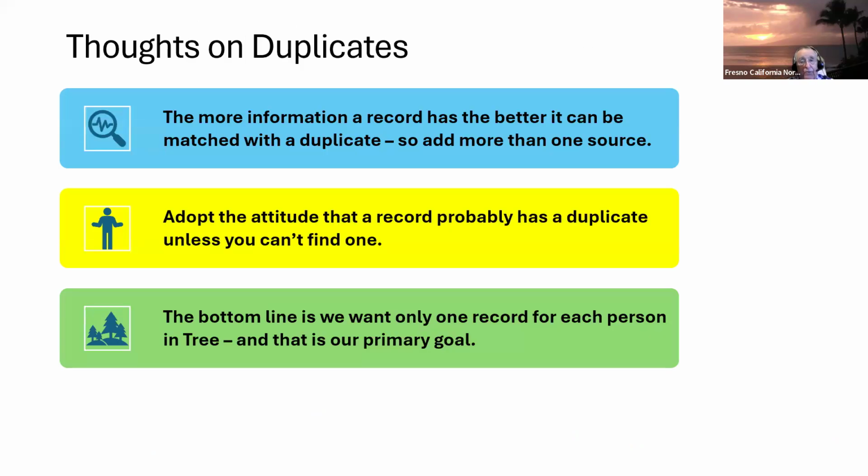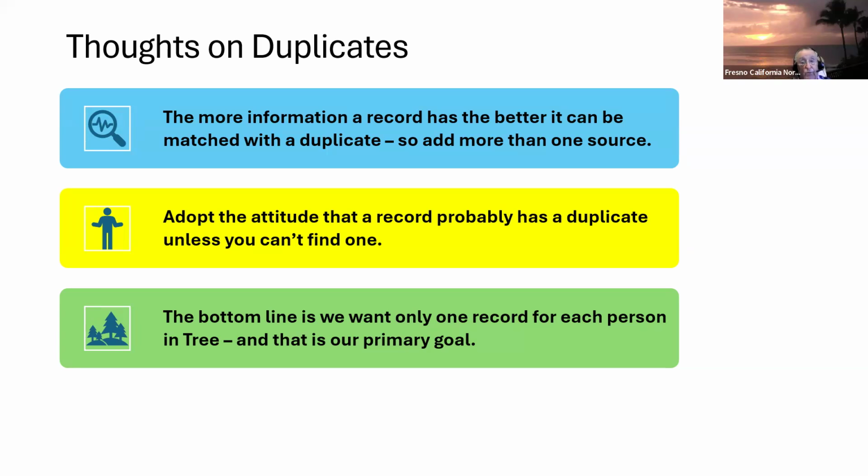Okay, so some thoughts on duplicates. The more information a record has, the better it can be matched. So that's your challenge. Get a lot of information on these records you're creating. Adopt the attitude of, it's probably a duplicate unless I can't find one. And every time you add something to the record, check for the duplicate again.